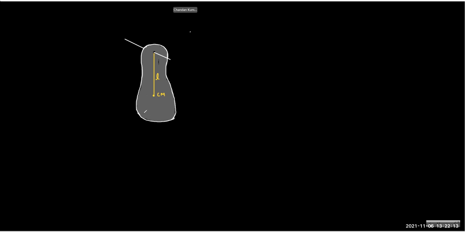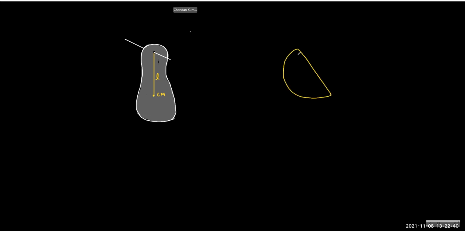So let's say if I give you a body instead of a particle, I may give you a rod. Then the idea of L must be changed. We cannot take L the way we took in the case of the bob. So we have to keep on changing L from the definition.